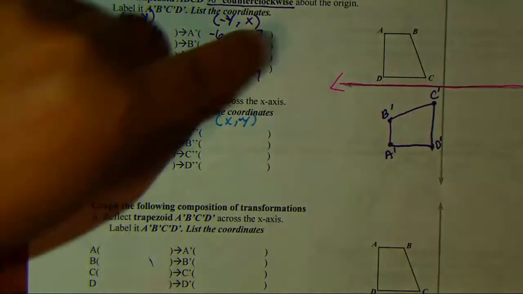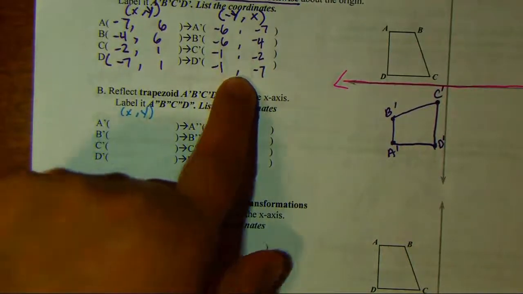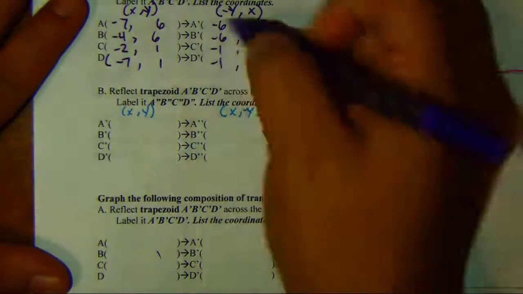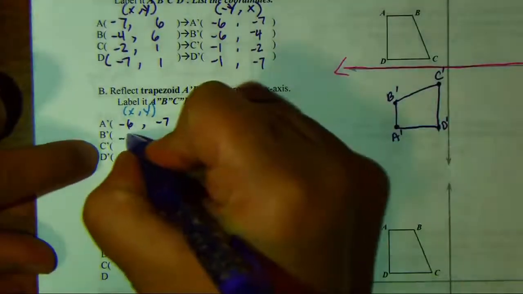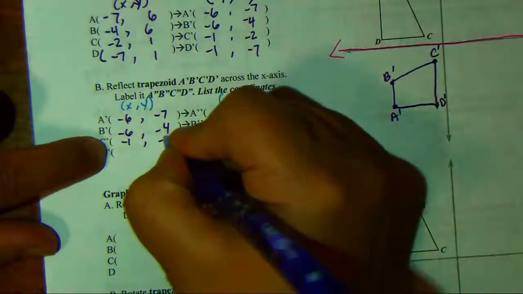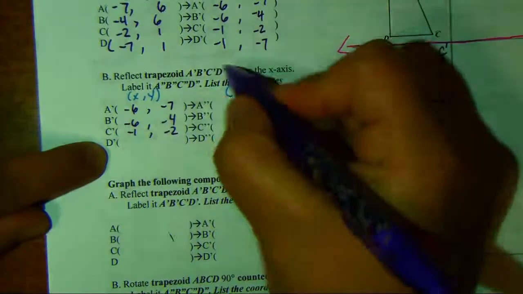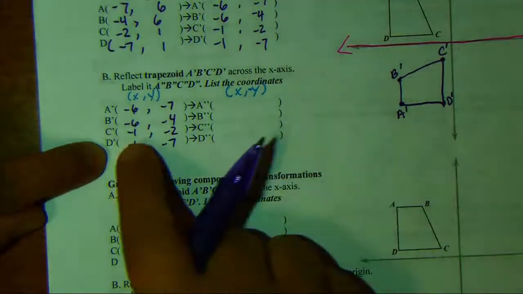So the points that we're starting with here are the points that we got for our prime right here. So it's going to be -6 comma -7, -6 comma -4 for B prime, -1 comma -2 for C prime, and -1 comma -7 for D prime. That's what we're starting with here.